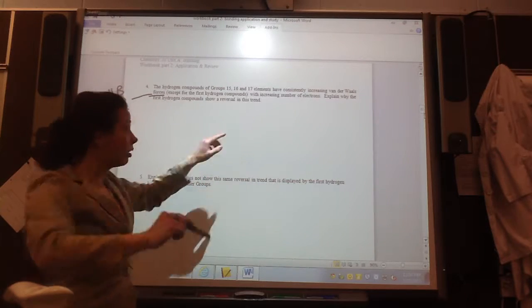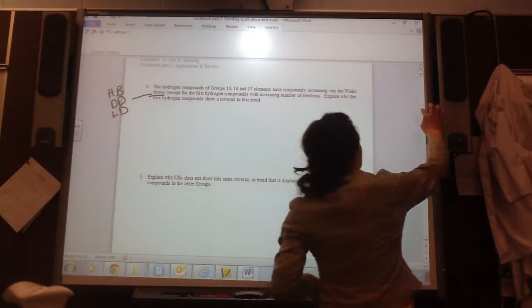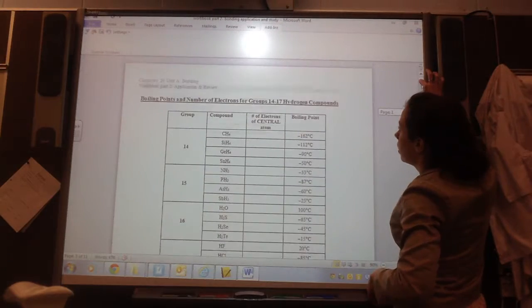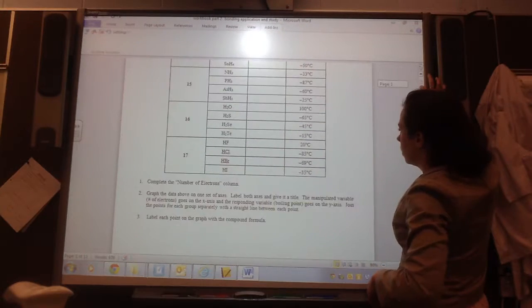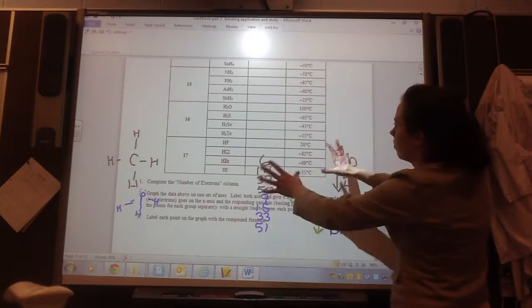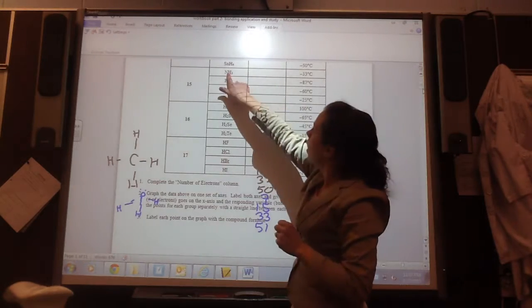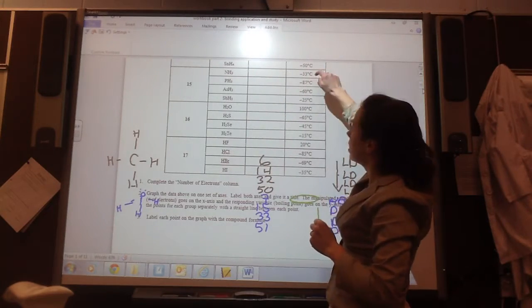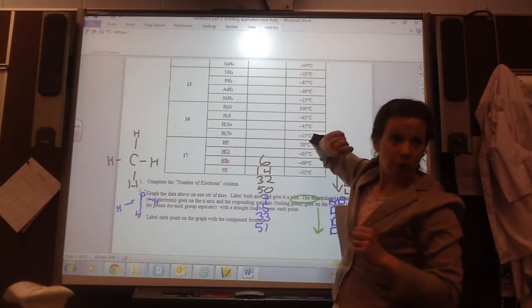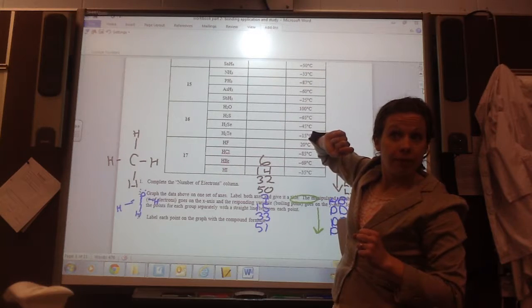The first one that we see, sorry, it went weird. But the first one doesn't follow the trend because it has that hydrogen bonding. So it would need to be a higher boil.